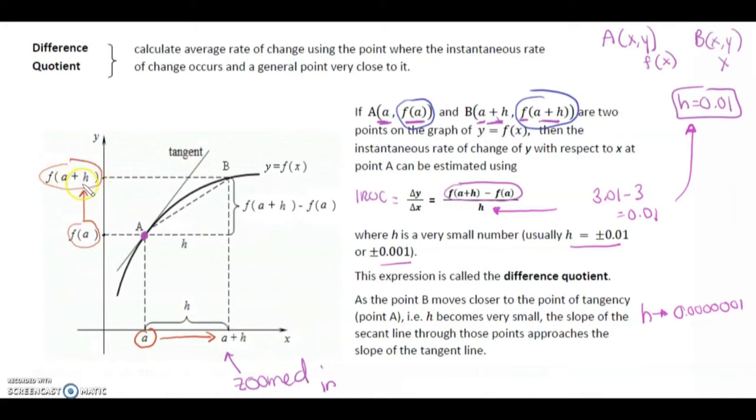Again, A and then plus 0.01. And this is a difference of h, which is delta x, change in x, which we see here. And then this here is the difference in the y's, again delta y, which is here. So this is delta y.